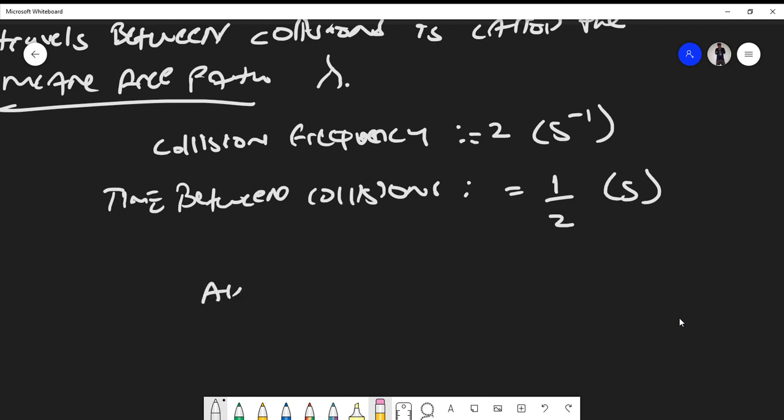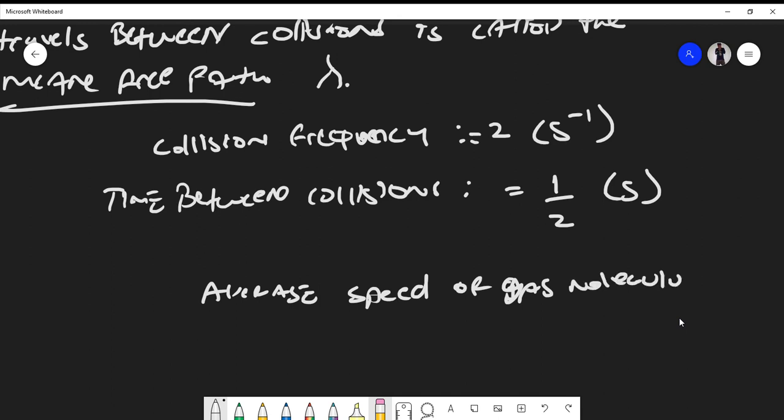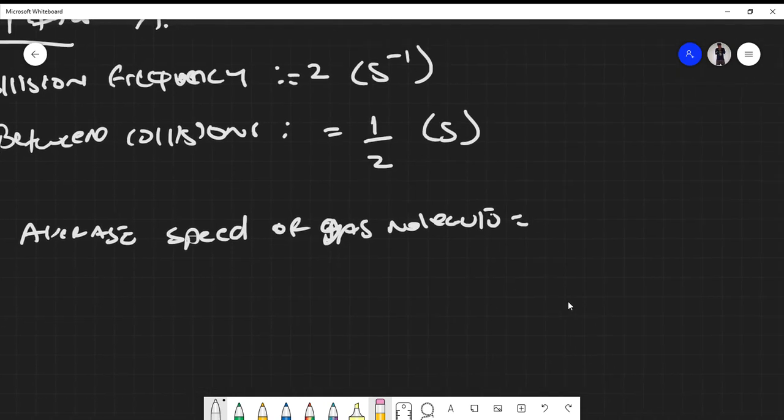Now the average speed of a gas molecule is equal to V average, and the units for that are meters per second.